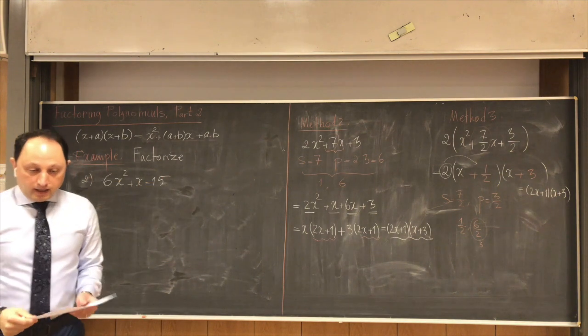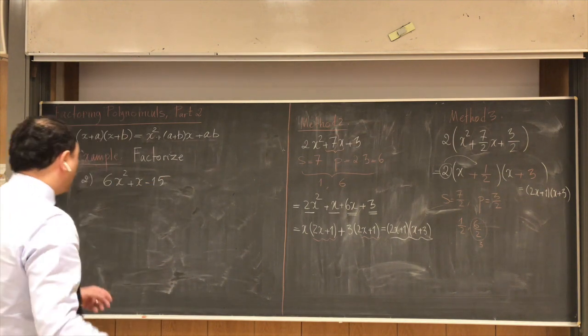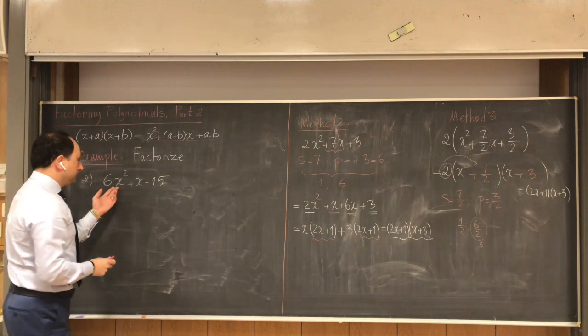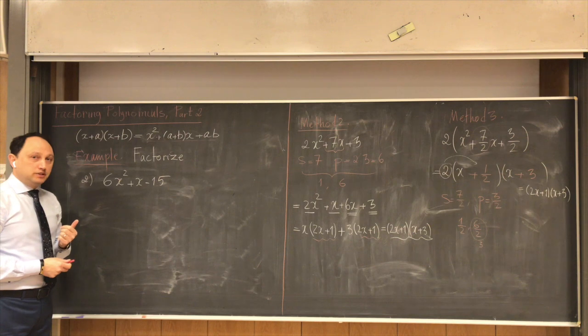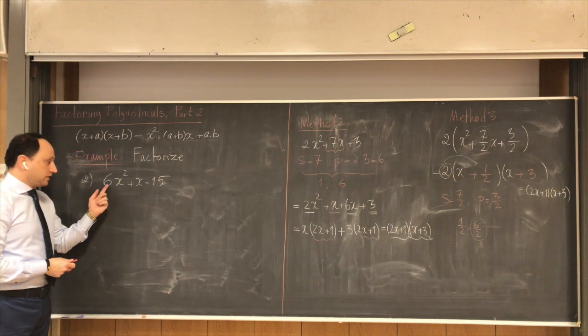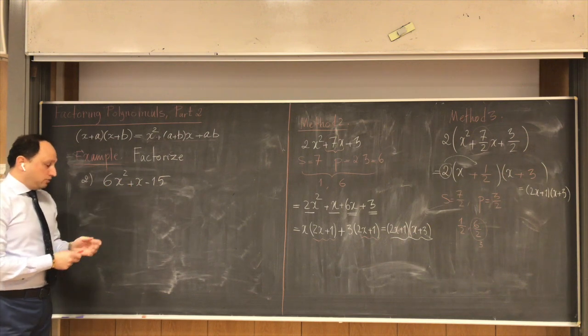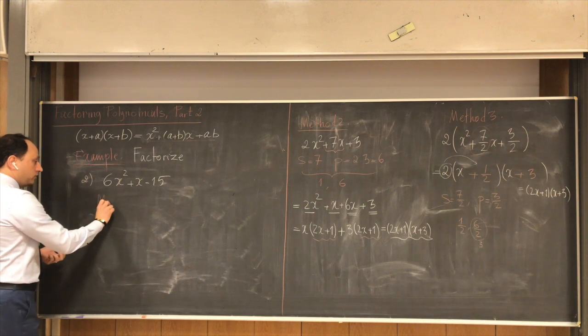Okay, again, that's the same story, yes? I have a trinomial, but the first term is not a complete square because of this 6. But I want to make it a complete square. So let me write method 1.